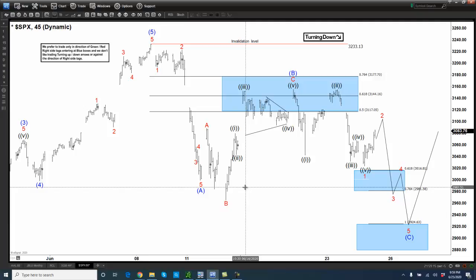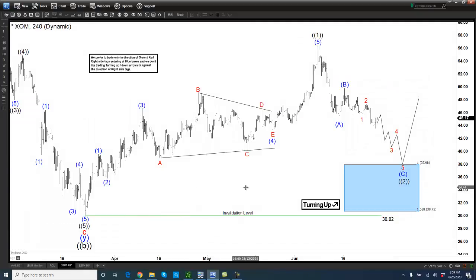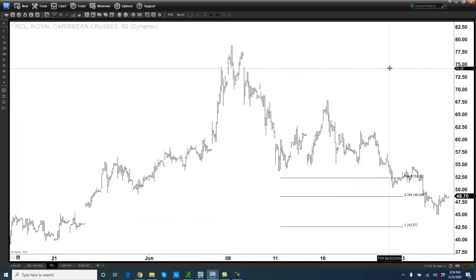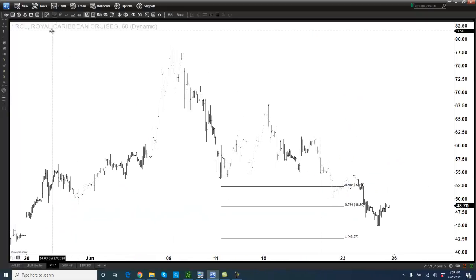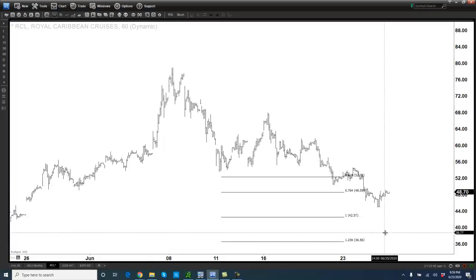So technically, when we look across the market, we see instruments like ExxonMobil that is calling lower into this area. We see the whole transportation sector. Royal Caribbean is calling more downside into the area between 42.36.